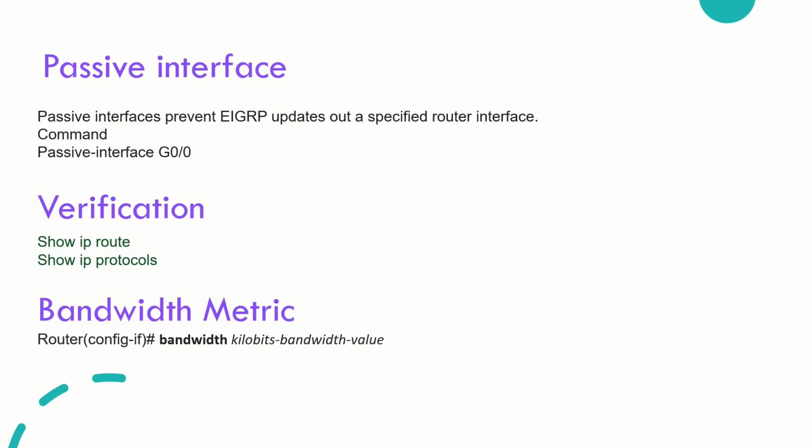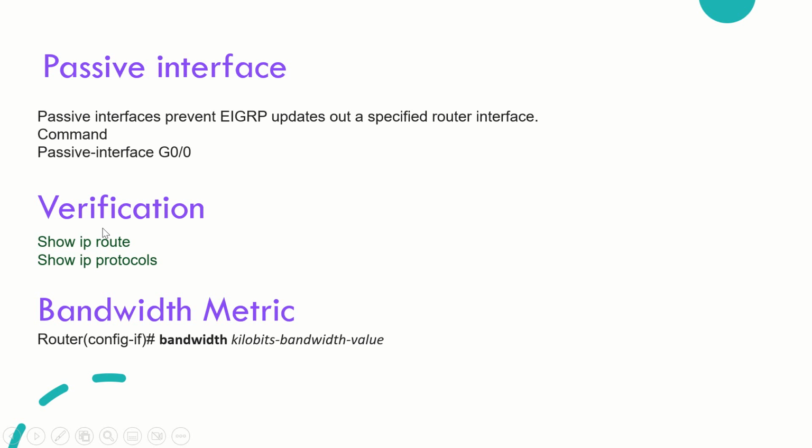And also we have passive interface. Passive interface prevents EIGRP updates out a specified router interface. With this command, passive interface, for example G0/0, routing updates from a neighbor are ignored.